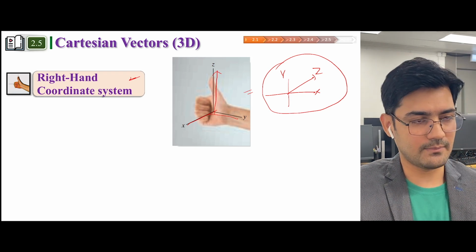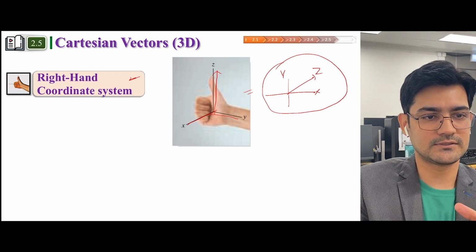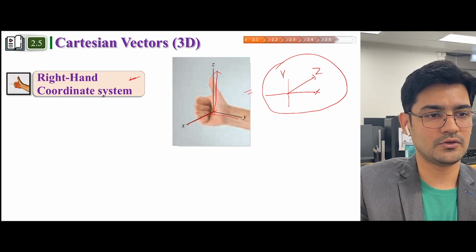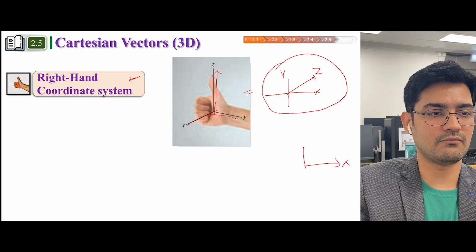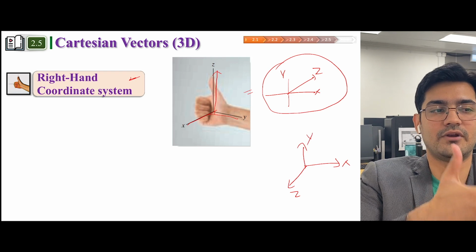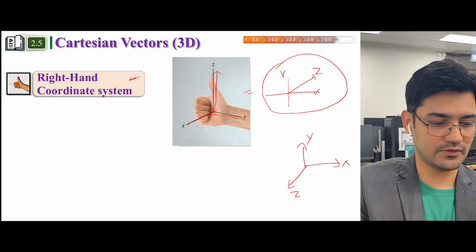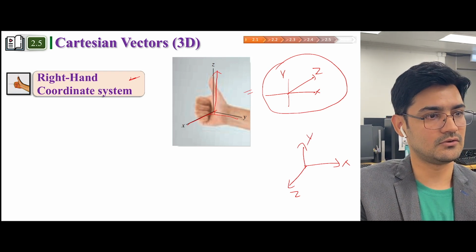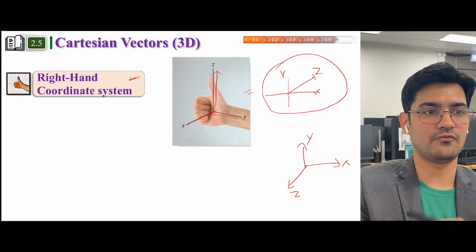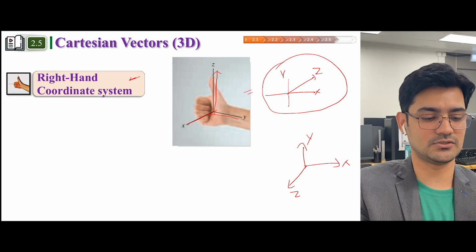You don't need to worry about this for now, but it's a system where you have the x-axis and the y-axis, and your z-axis points in the direction of the thumb of the right hand pointing upward. This is how you define a right-hand coordinate system, which is important because then it is easier to understand the directions of different vectors.